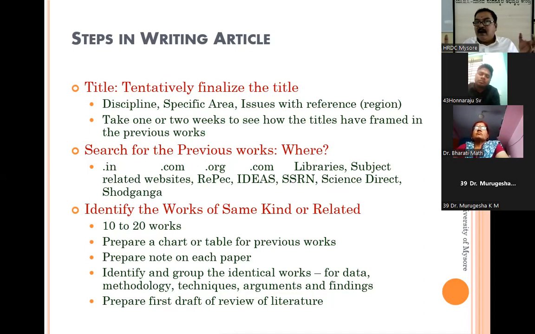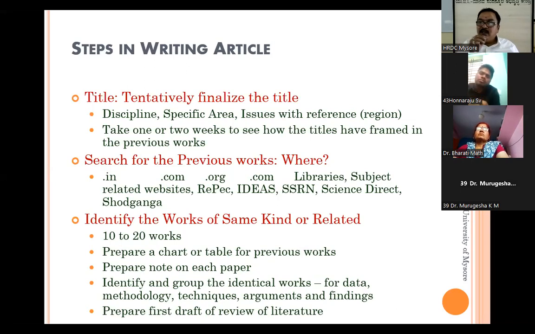There are many online sources today. There is no dearth of articles related to your topic. Select the most appropriate, suitable, closely related 10 to 20 journals. Download all those journals, take the print. It does not cost you much, hardly 100 to 200 rupees.